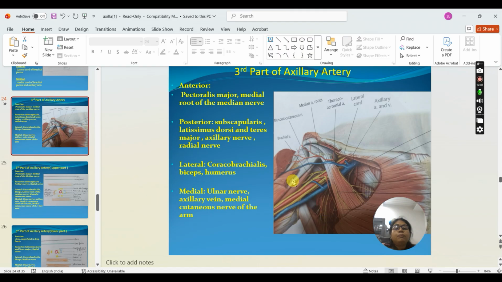So the third part of the axillary artery is partly covered by the pectoralis major. If I extrapolate this line up along this way, you can see it covers the artery up to here, not beyond it, isn't it? So the third part is partly covered by the pectoralis major, partly simply skin and fascia.